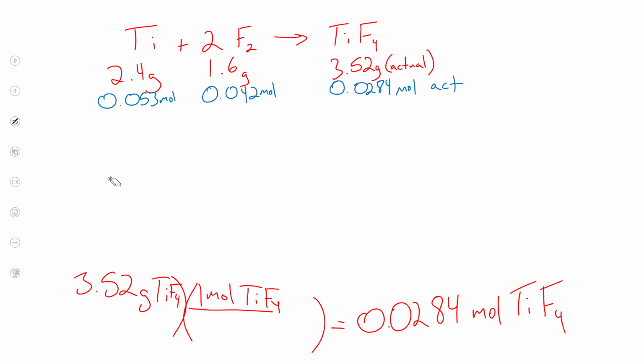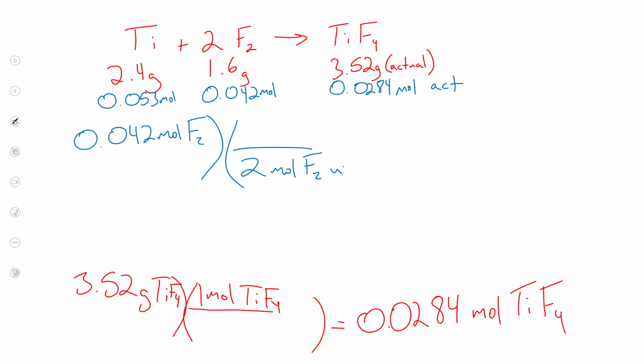Or the other way we can do this is we can say, okay, I'm pretty sure fluorine's gonna run out first. How much titanium is it gonna use up? So if I say 0.042 moles of fluorine, and every 2 moles of fluorine used is 1 mole of titanium used.